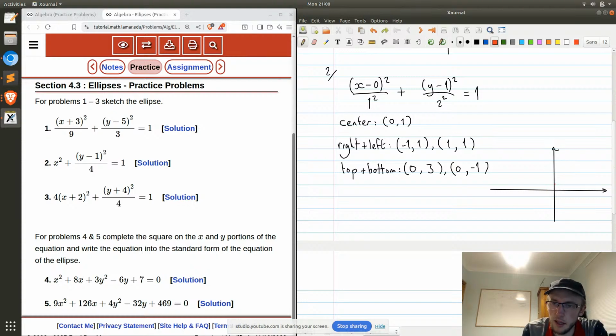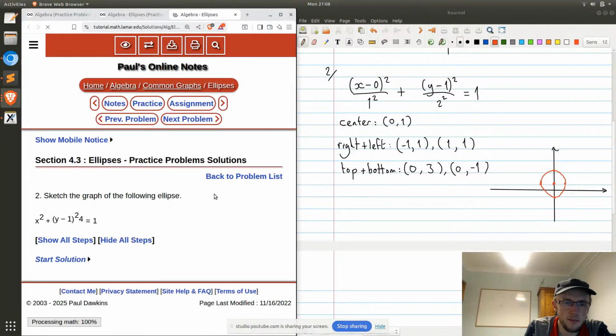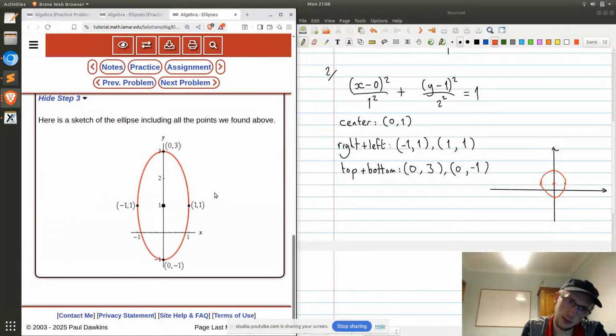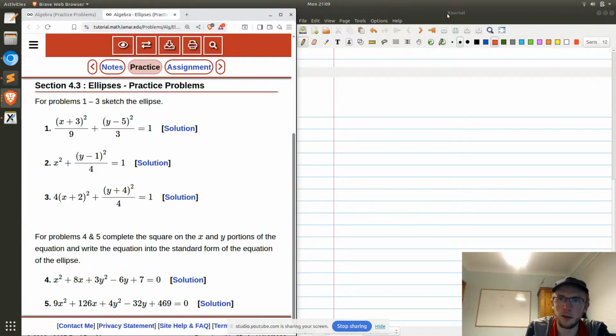The center is up there. Okay, this is actually taller than it is wide. So this isn't quite right how it looks, but did I figure it out? Yes, that's all okay. That's good. Okay. Next one.